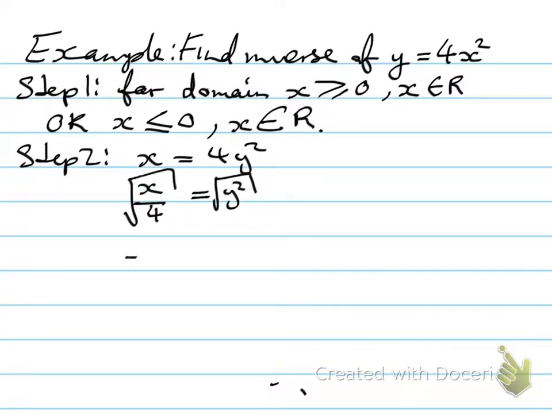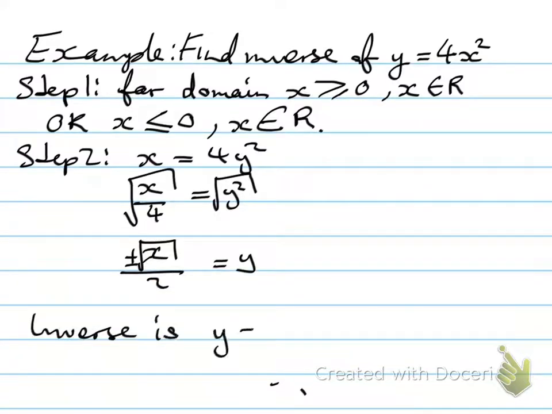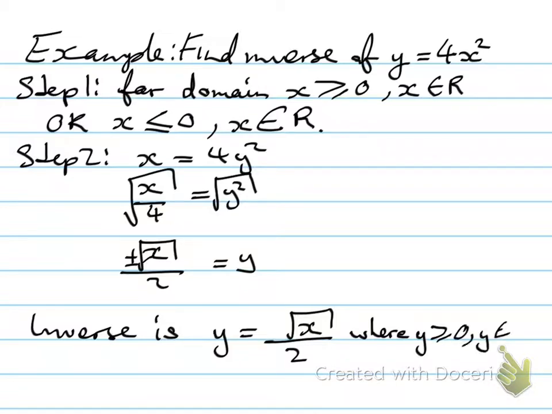Now step number 2, you follow the rest of the steps of finding the inverse. You interchange the positions of x and y, then you solve for y. So your inverse now will move with the restriction. Remember, the restriction on the original function was for the domain, and now the restriction in the inverse becomes a restriction on your range values.